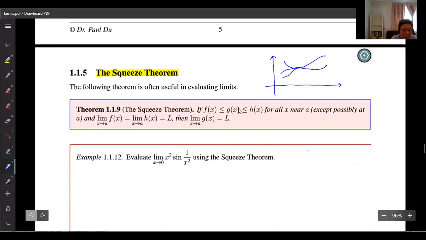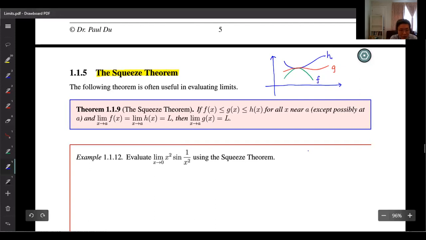The middle function is g, the top blue one is h, and the bottom one is f.